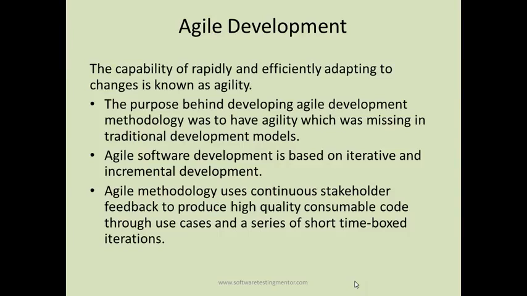Agile development is based on iterative and incremental development. Okay, so agile is a part of the iterative development methodology. Agile development methodology is a 2 to 4 weeks cycle.